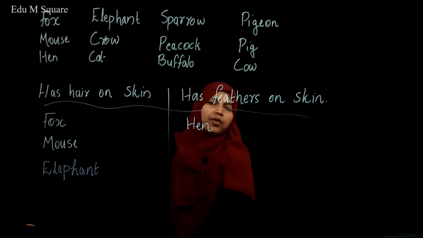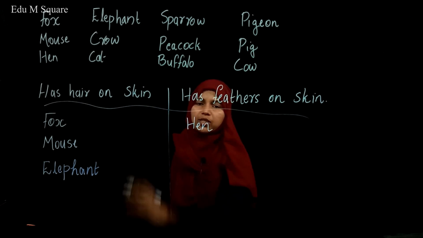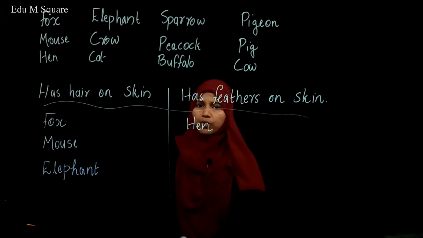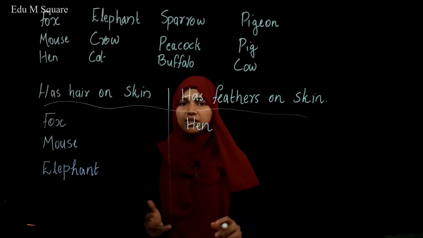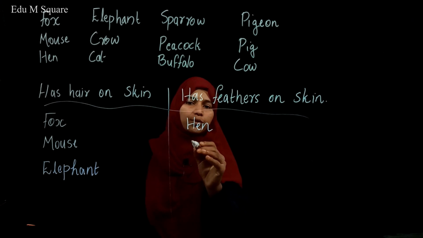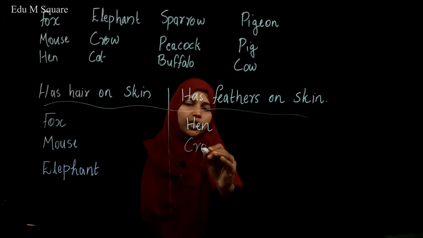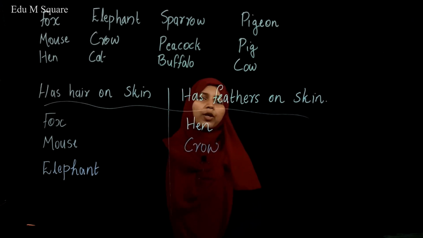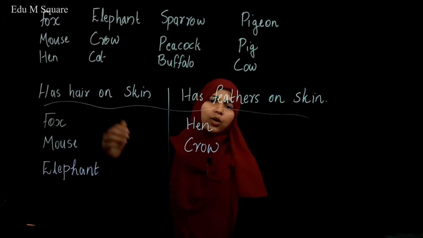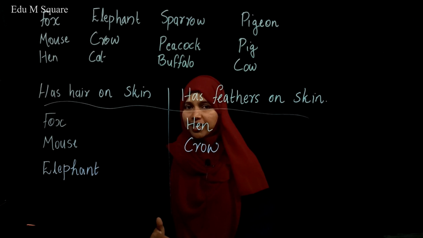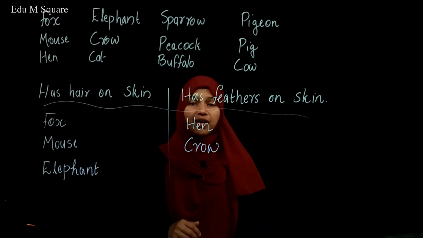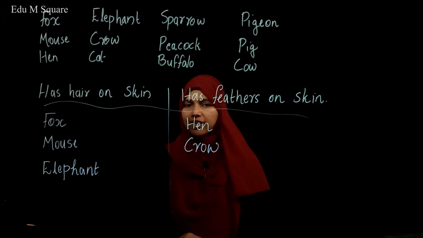Then the crow, a very familiar bird. You might have seen this crow. Yes, it has feathers. So the crow is in this group. What about the cat? Yes, we can see soft hairs on its skin.